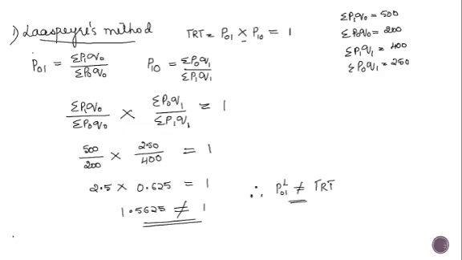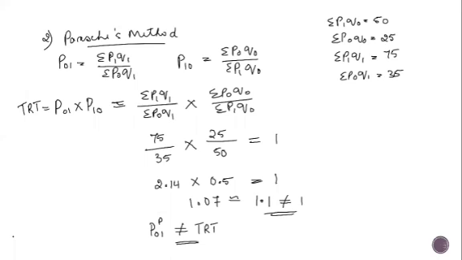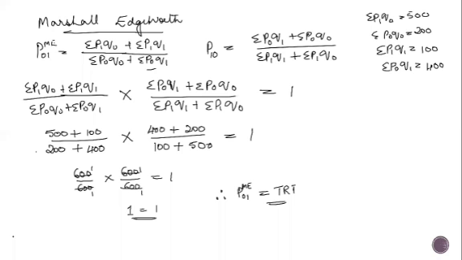It is proved that the Laspeyres price index does not satisfy TRT. Even the Paasche's will not satisfy TRT. Marshall and Edgeworth we have worked out, and it is proved that it satisfies TRT. So you know how to prove and how to satisfy.